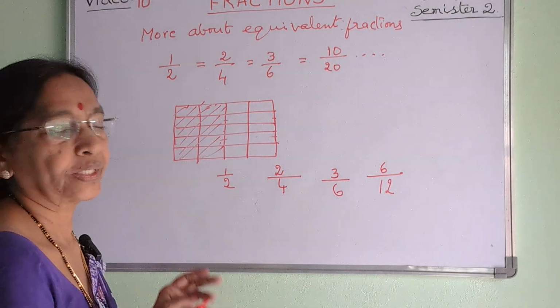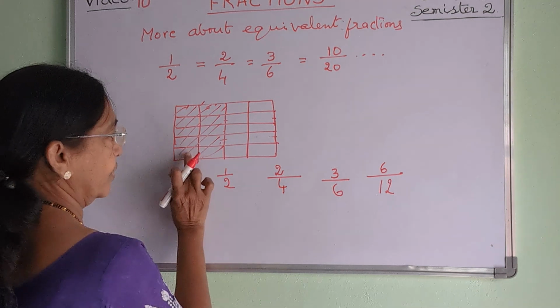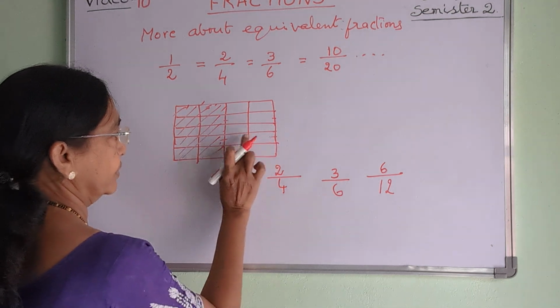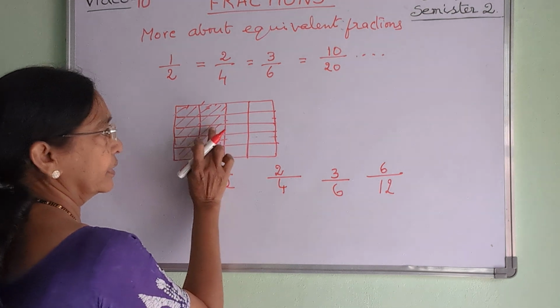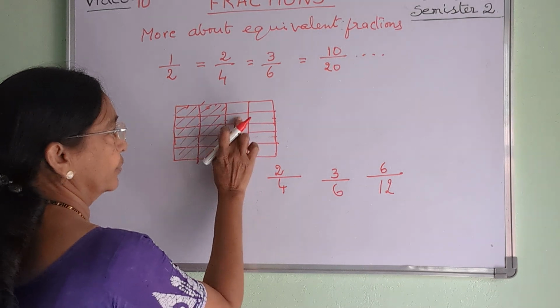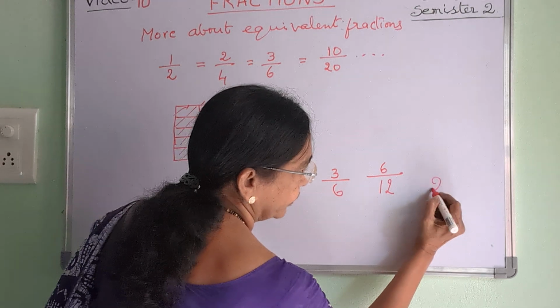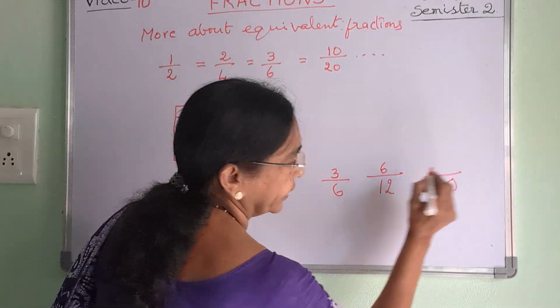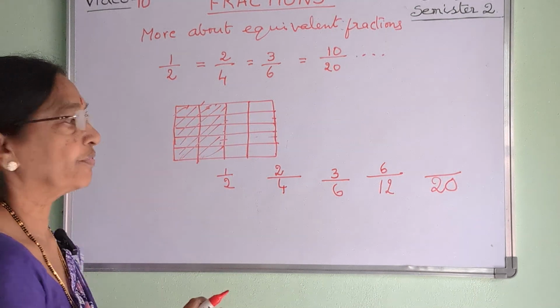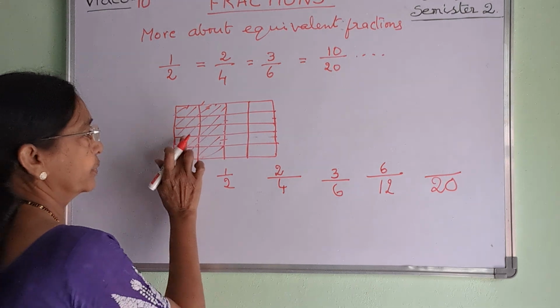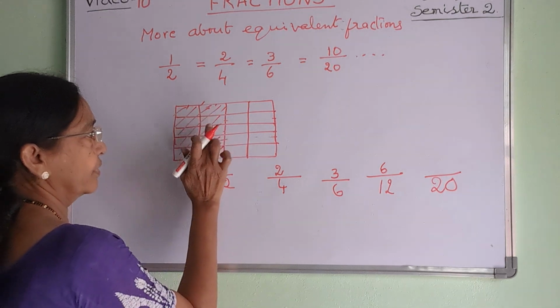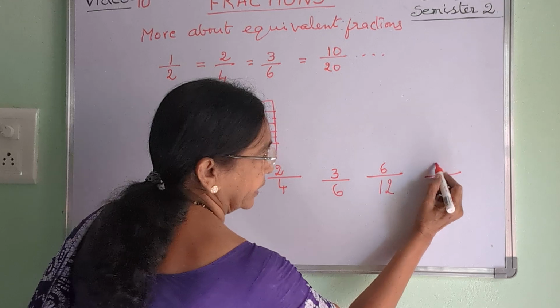So now the total number of equal parts: 1, 2, 3, 4, 5, 6, 7, 8, 9, 10, 11, 12, 13, 14, 15, 16, 17, 18, 19, 20. Therefore, total number of equal parts is 20. Number of shaded parts: 1, 2, 3, 4, 5, 6, 7, 8, 9, 10.